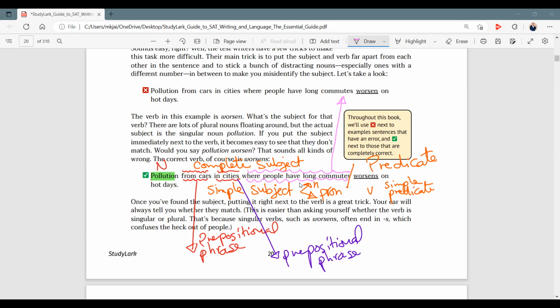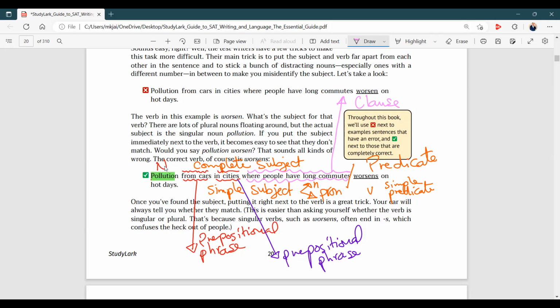What do you think? Is this a phrase or a clause? That's a clause. What kind of clause? No problem. So be careful next time.